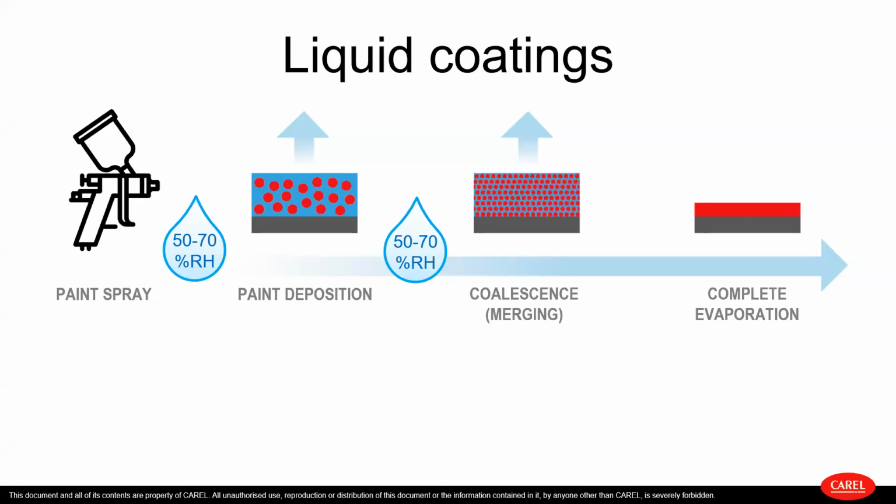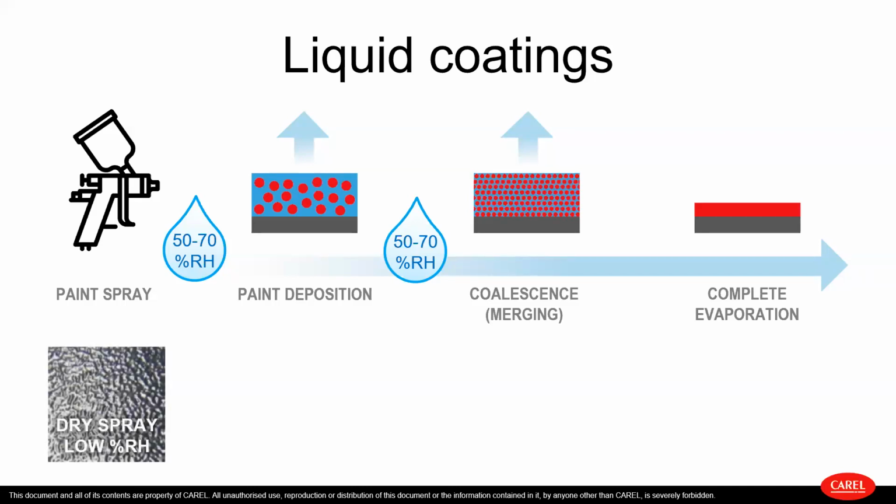And then these pigments are dried or cured to a complete and finalized coating. Humidity level is very important, especially in the liquid phase, I would say. And optimum levels go from 50% to 70, even 73% in some cases.